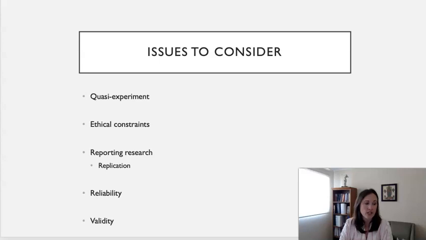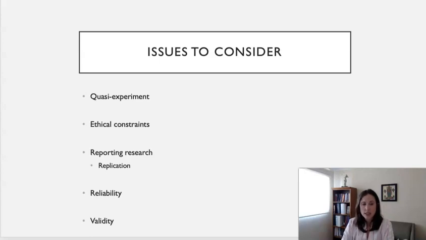So my version was a replication using sub-Saharan Africans as research participants, to see if it still worked with a different demographic. That's also one reason you have to be so good with operational definitions, because people have to be able to come and do your research as well.